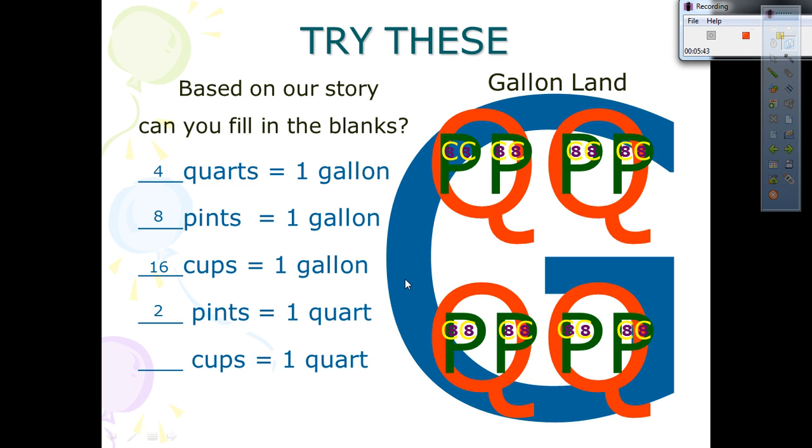To convert to how many cups are in 1 quart, we look in 1 quart and see that there are 1, 2, 3, 4 cups in 1 quart. To find the number of cups in 1 pint, we're going to look in just 1 pint and we see 2 cups.